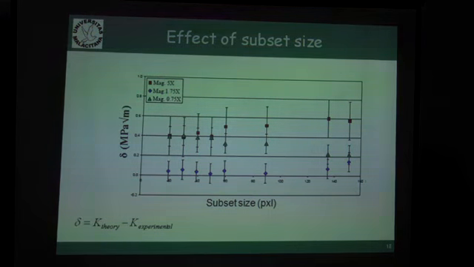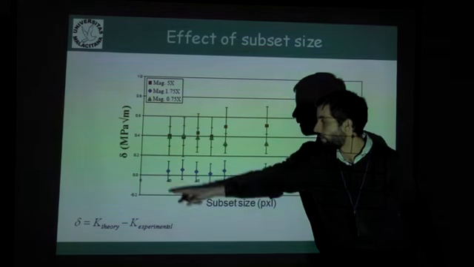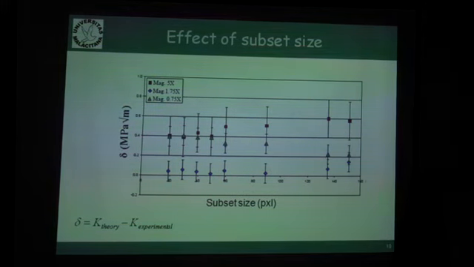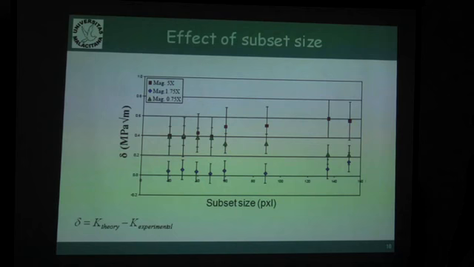We found, again showing the difference between the theoretical and the experimental stress intensity factor against the subset size, that for the different magnifications it is pretty much stable. We don't get much better or worse results by changing the subset size from around 20 pixels to 150.